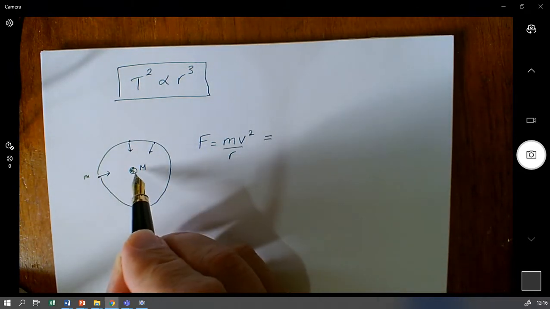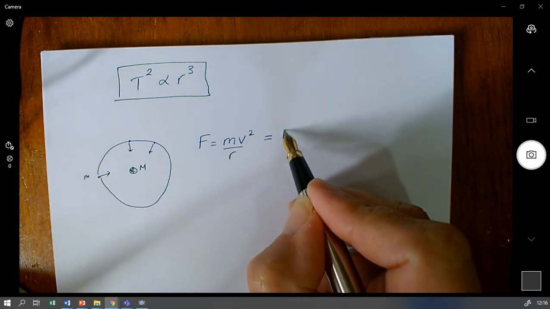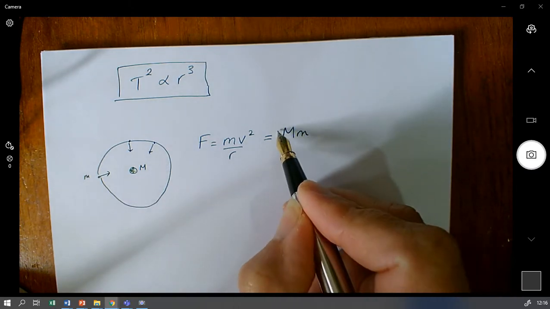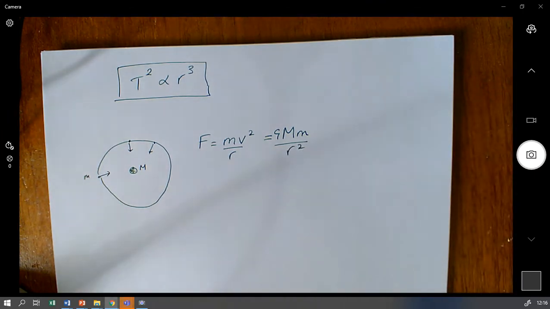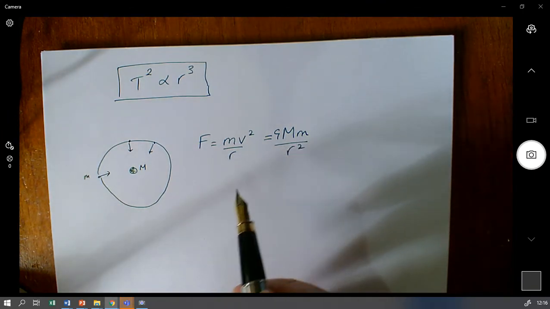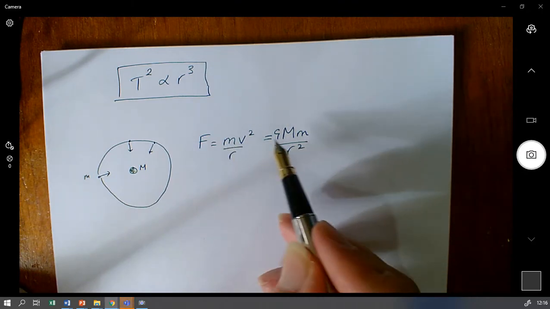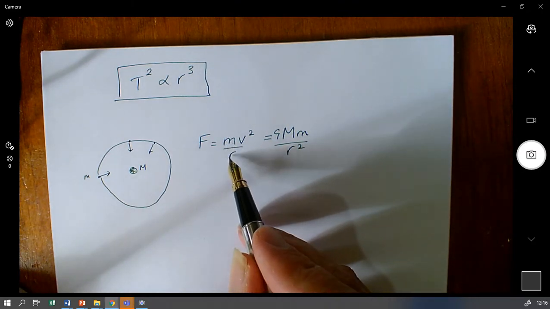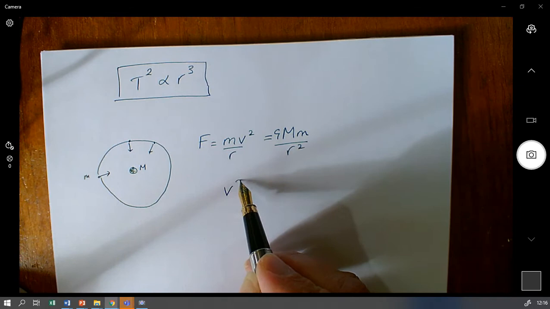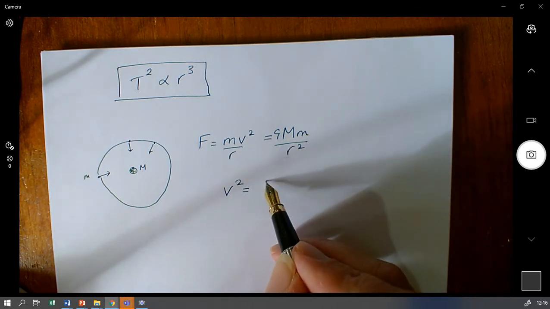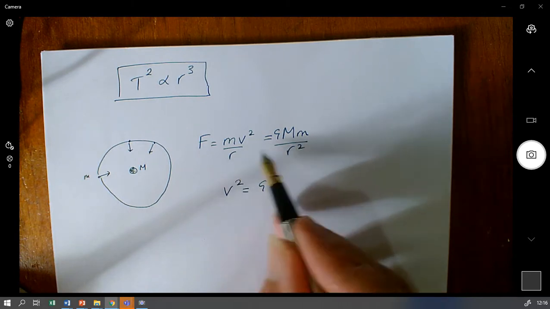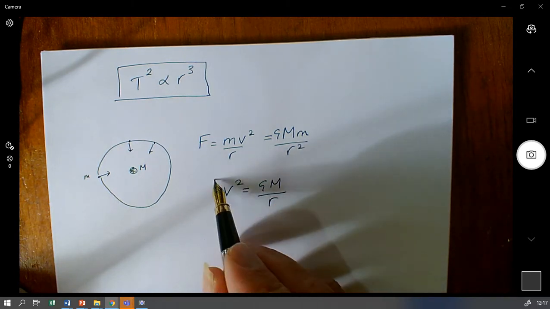In this case, the gravity is provided by the mutual masses, I've got my G there, over r squared. So we can cancel out the m's, and we can cancel out an r. So we get a general formula for v squared is going to be GM over r.